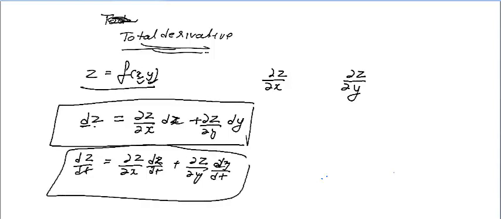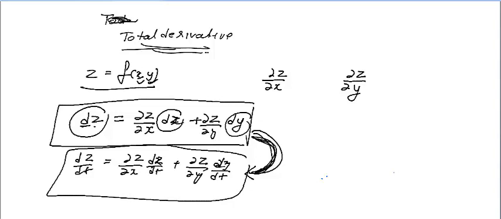Okay, so this is the extension of the total derivative. They are depending upon each other. Sometimes they will ask about the dz, total derivative of z. They will not ask with respect to which variable. So dx and dy will be as it is. It will not change.